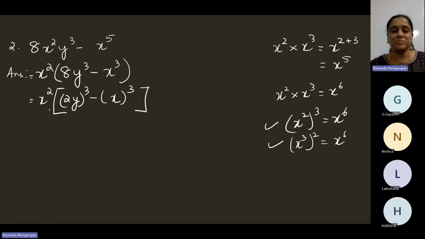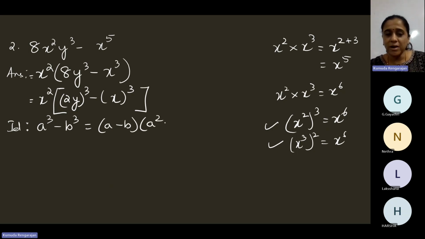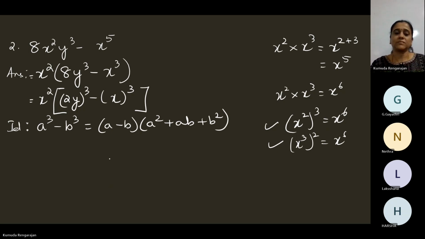A cubed minus b cubed. And how do you complete the identity? A cubed minus b cubed is a minus b into a squared plus ab plus b squared.